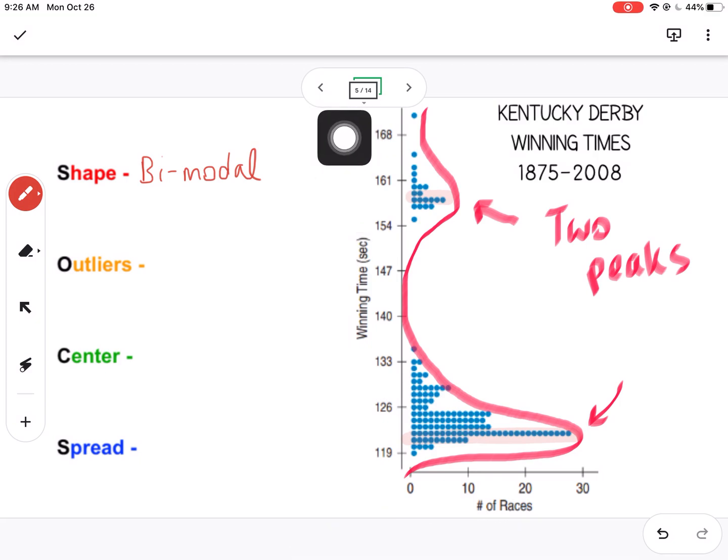So the longer the time, the longer it took the horse to win that race. So it's kind of interesting to think about, why do you think horses are so much faster on this side versus up here? What do you think is going on? What years do you think it was faster in? It kind of brings up a lot of interesting questions to think about.